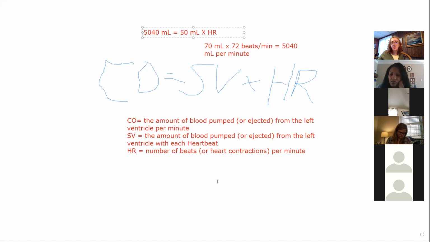What that means is that his stroke volume has gone up, allowing his heart not to have to work as hard per beat to maintain the same cardiac output. Because if the stroke volume goes up, the heart rate can go down. So it works both ways.